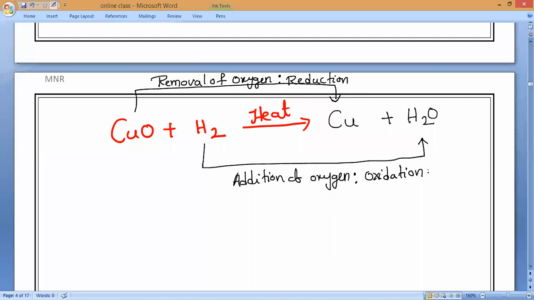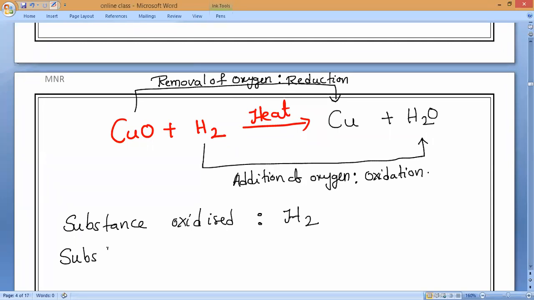Next, who is the oxidizing agent? Write it. Substance oxidized: hydrogen. Substance reduced: copper oxide.